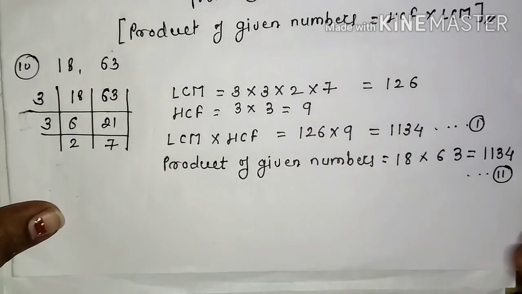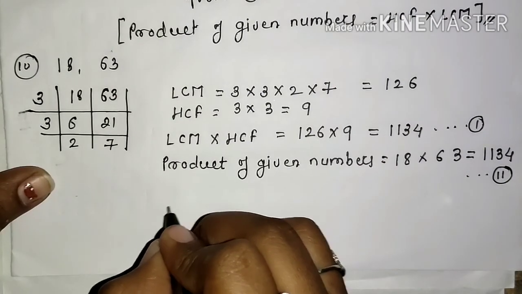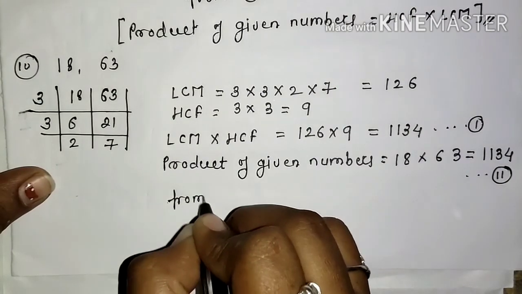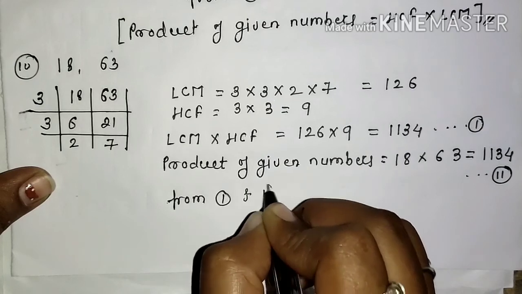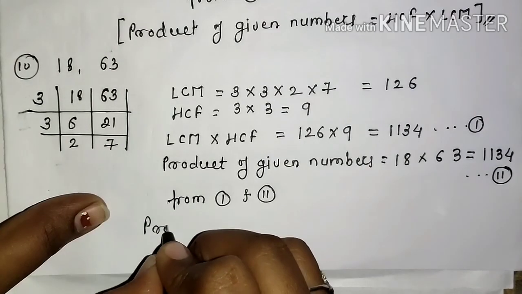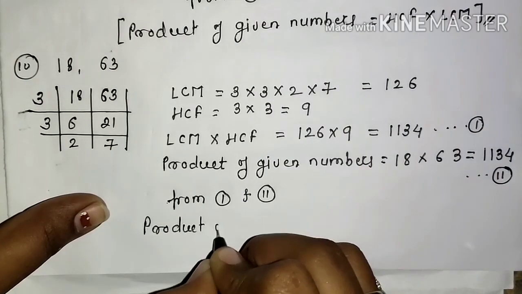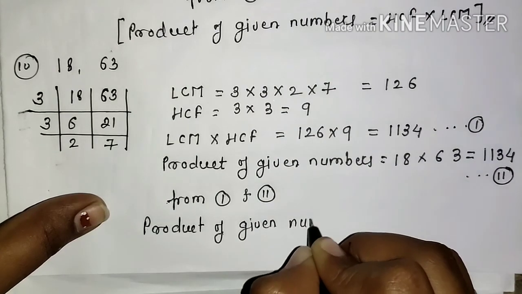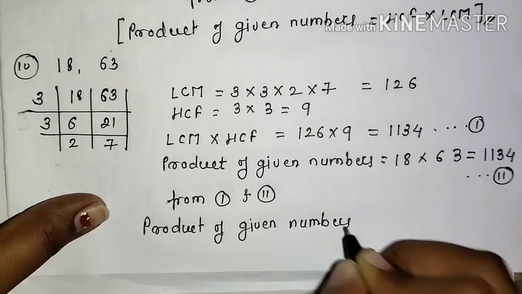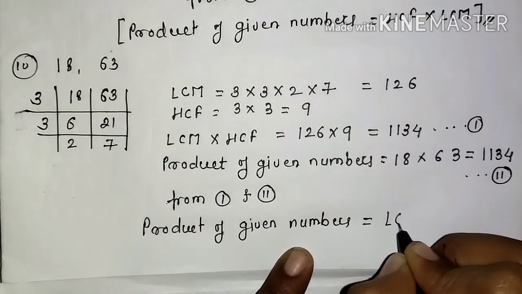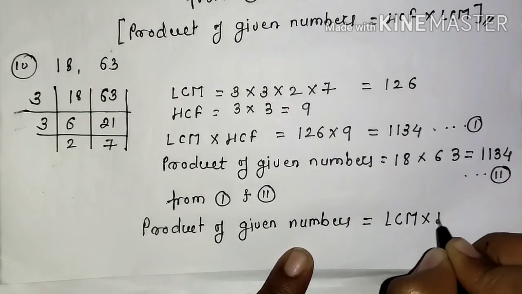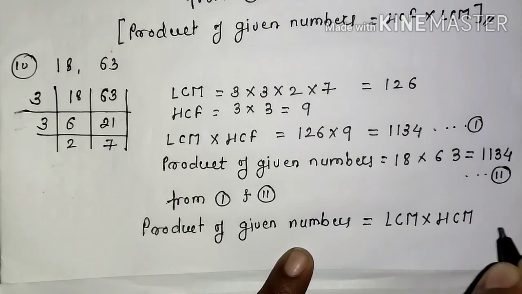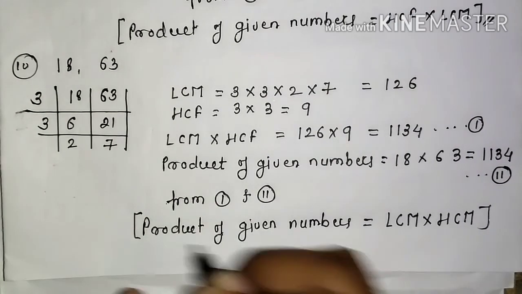Multiplication is equal to the LCM into HCF. So from 1 and 2, the product of given numbers is equal to LCM into HCF, and hence property verified.